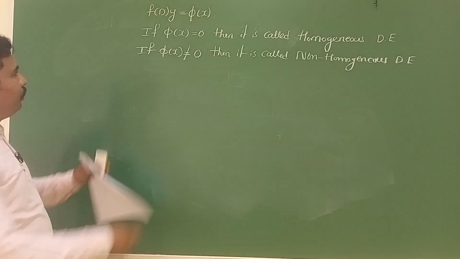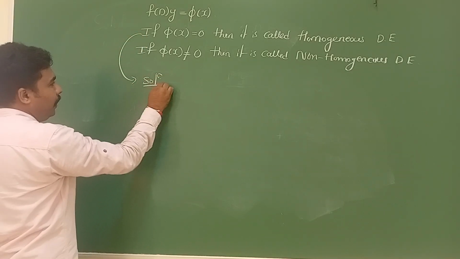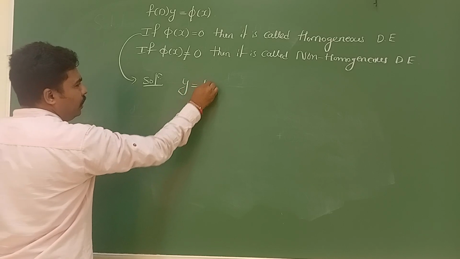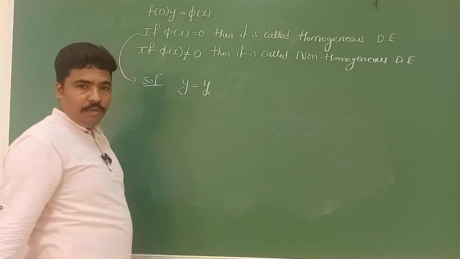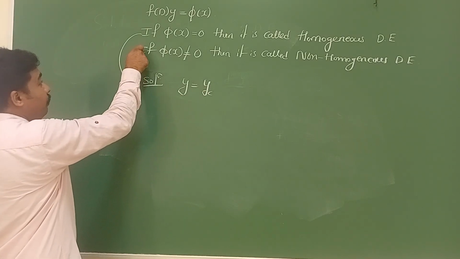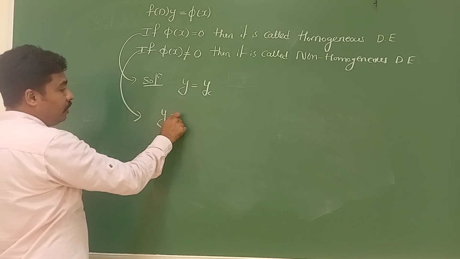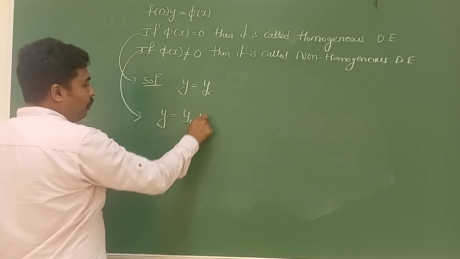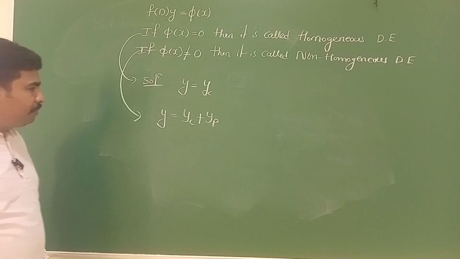Then the solution of the homogeneous differential equation is y equal to yc itself. This yc is called the complementary function. I'll tell how to find the complementary function. The solution of the non-homogeneous equation is the combination, the sum of yc plus yp.